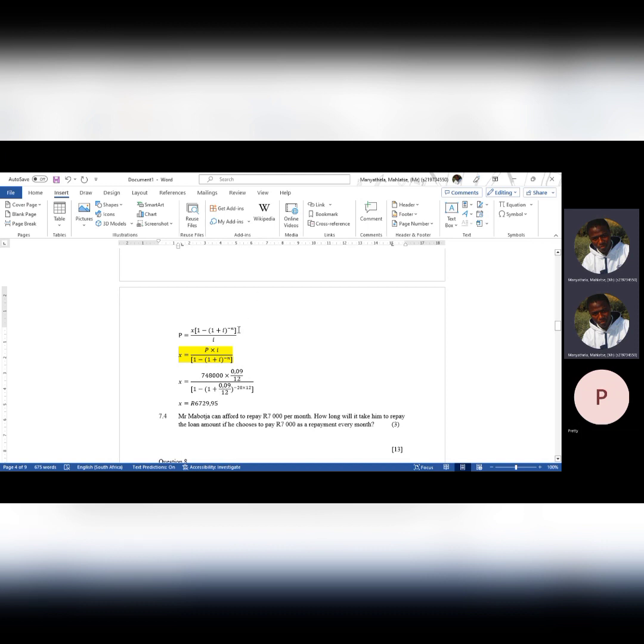Let me just copy the formula and then replace quickly. So x in this case will be our 7,000, right? We're still using 0.09 because it's 9% compounded monthly, so it's over 12.